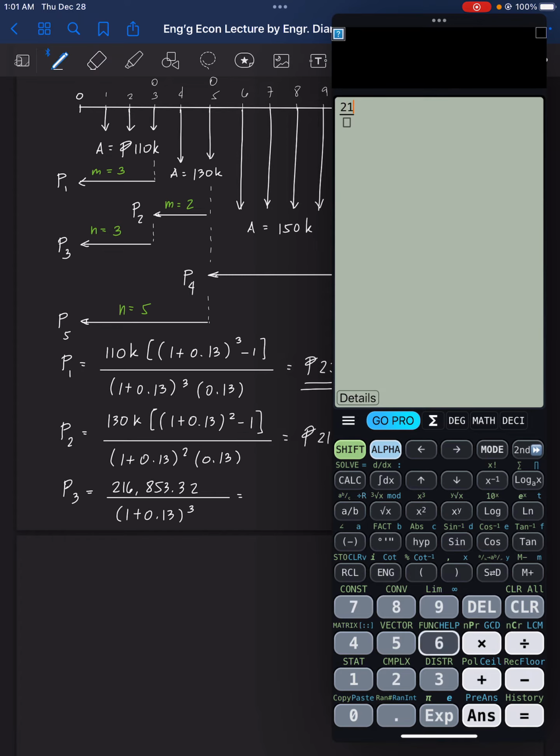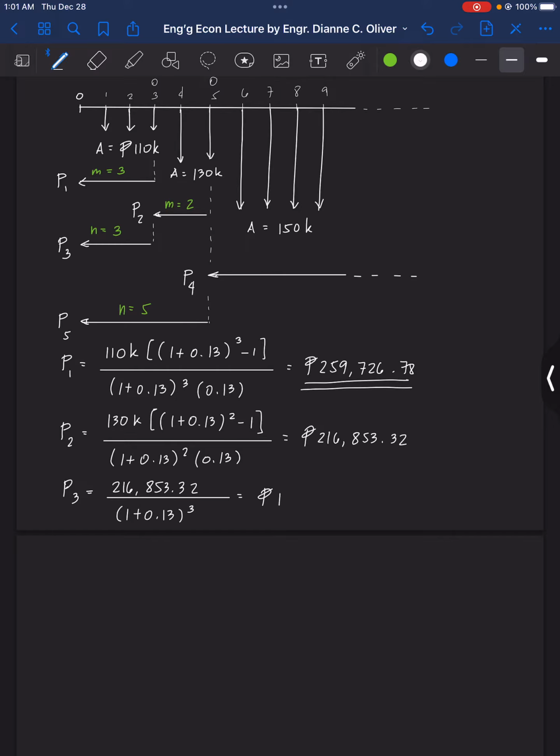So that is 150,290.23. So that's how we get the P3.